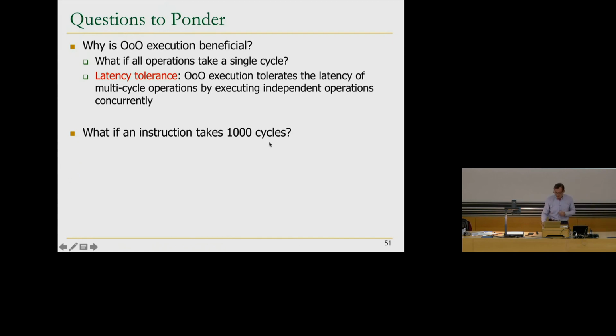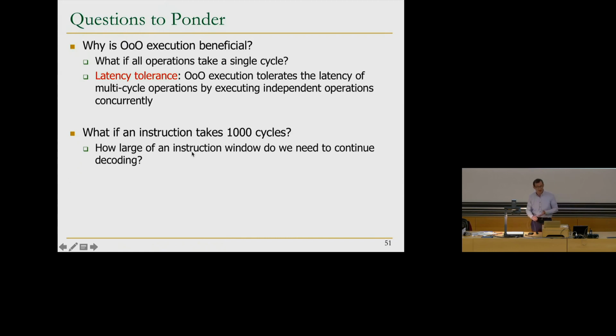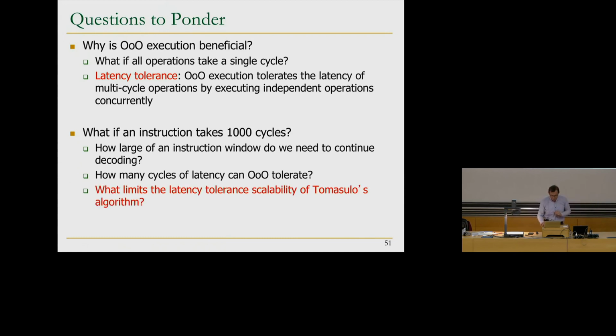So what if an instruction takes 1,000 cycles? I already said this actually. How large of an instruction window do we need to continue decoding? Basically, you need 1,000 entries in this case, assuming that it takes 1,000 cycles after it becomes the oldest instruction in the machine, right? Basically, you can tolerate as many cycles as you have buffering for.